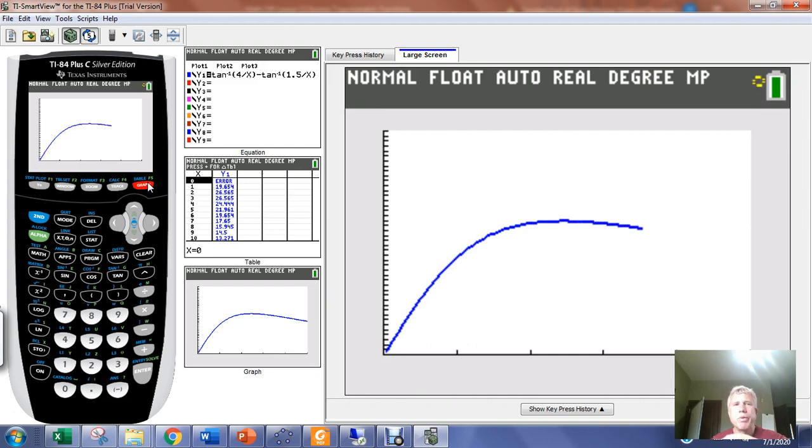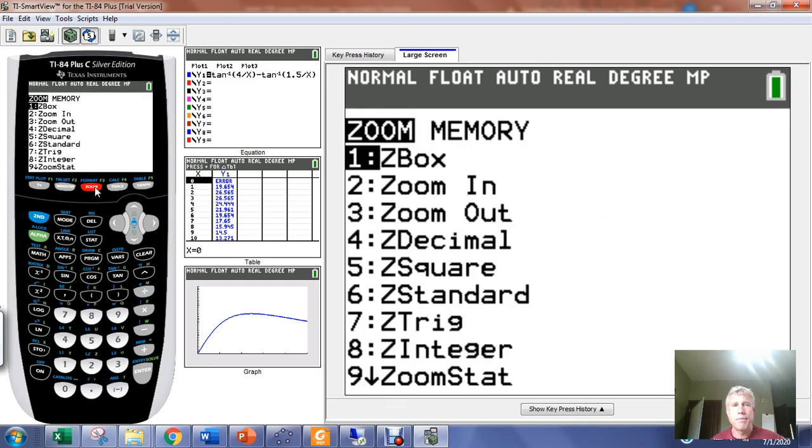We could have used under the zoom menu the zoom fit, and then the calculator would have picked the angles based on the input I chose. I chose 0 to 5 feet. It would have picked the vertical axis for me. That's always a nice way to do it. So for example, if I had done zoom, I could have gone down to zoom fit, and you'll see how this changes the picture.